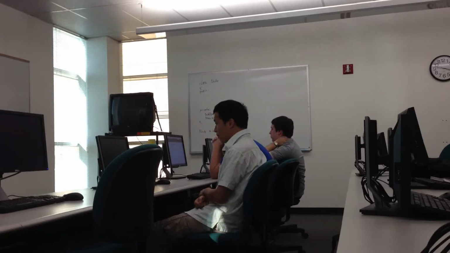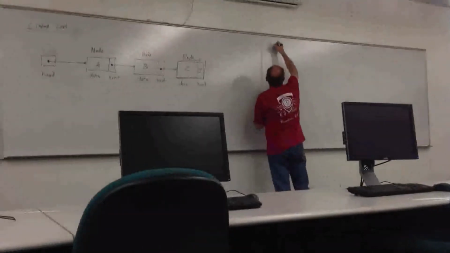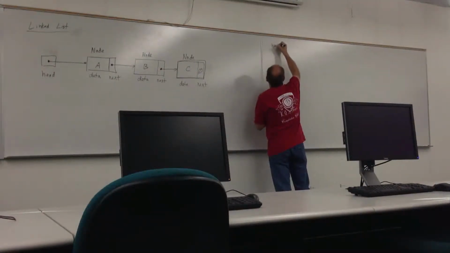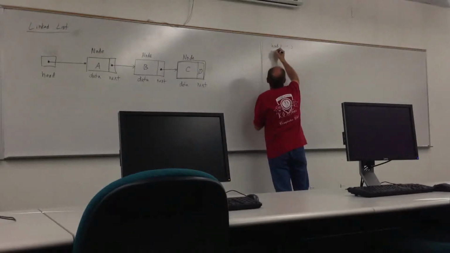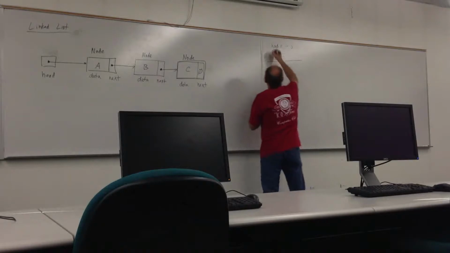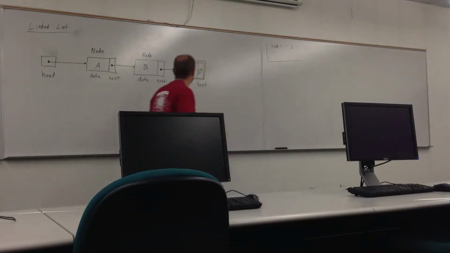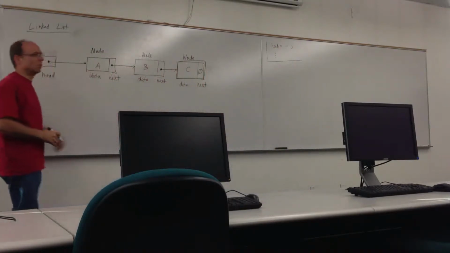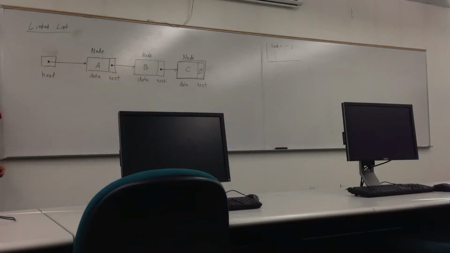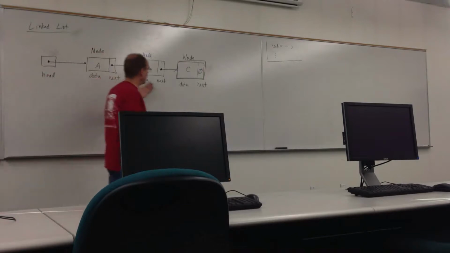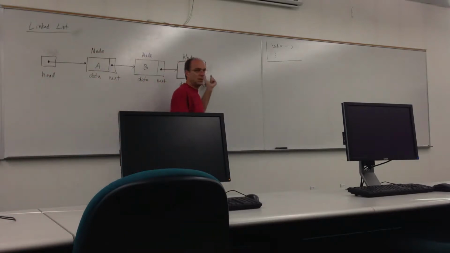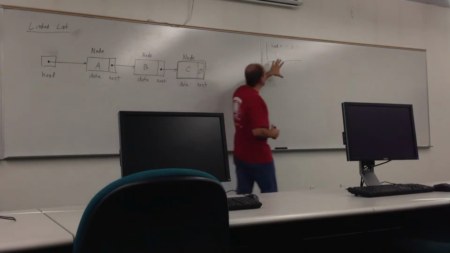Okay, so let's assume that I've got some code up here that I'm not filling in that has constructed this particular list. So now I have a list. Head points to a node, that points to a node, that points to a node that has a null pointer at the end, right? So it's all been constructed.